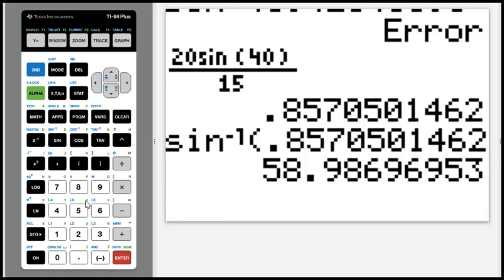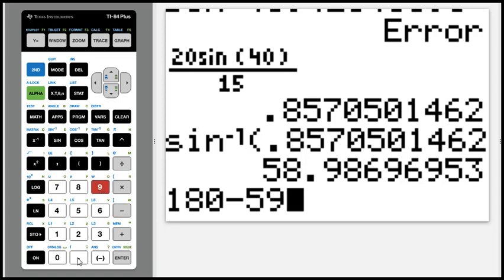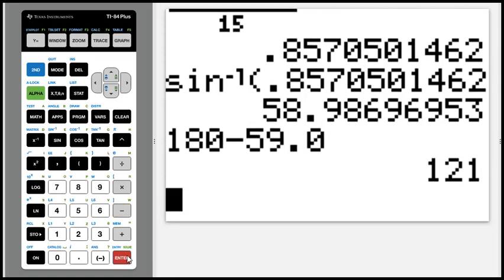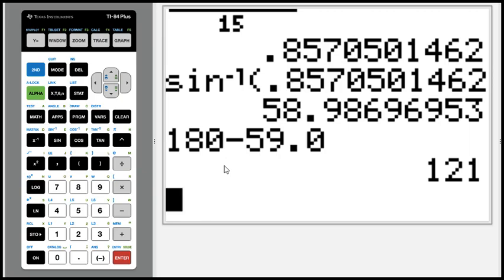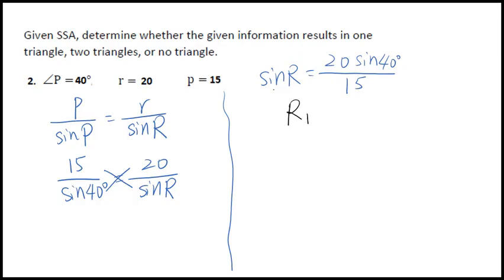For the obtuse angle, we will use 180 minus 59.0. You will get 121 degrees. So you can write down R1 equals 59.0 degrees and R2 equals 180 degrees minus R1.